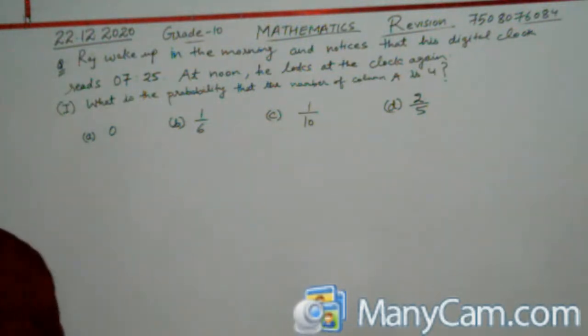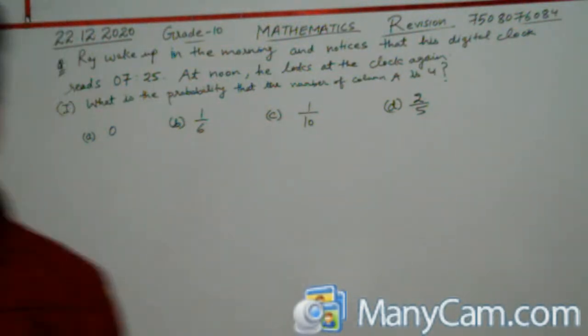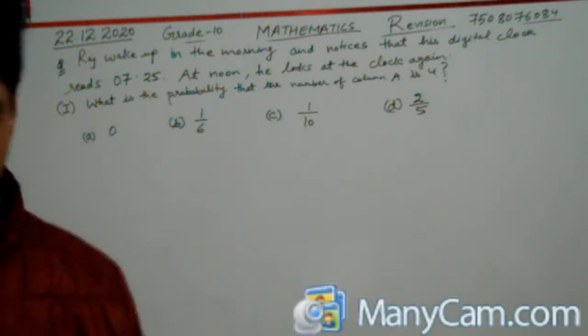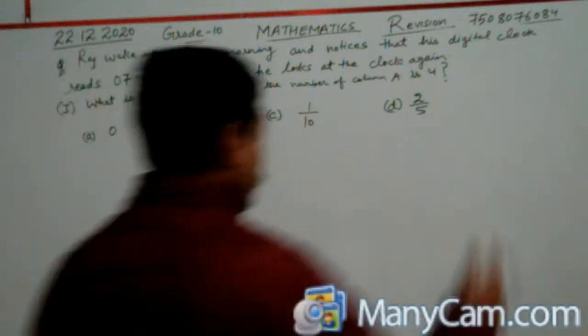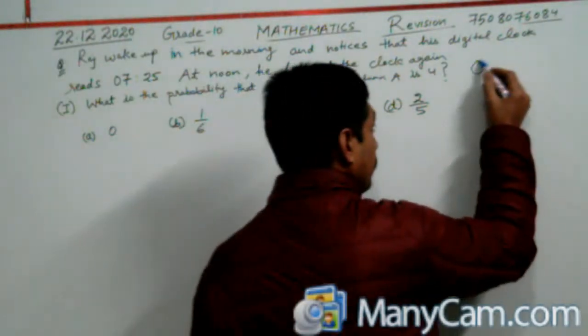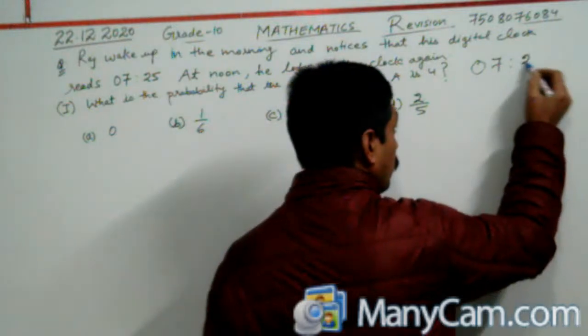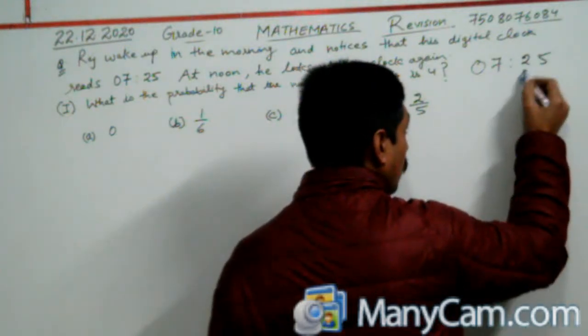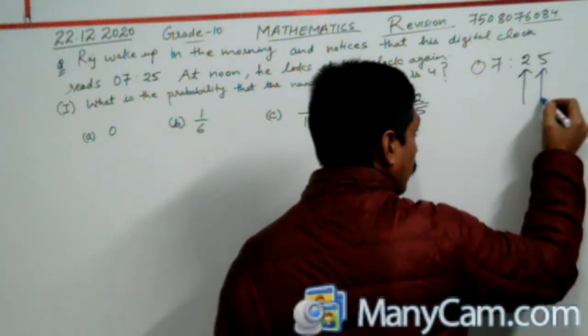So here A and B, what they are saying is 7, 5, 2, 5. These are the two columns here, right?